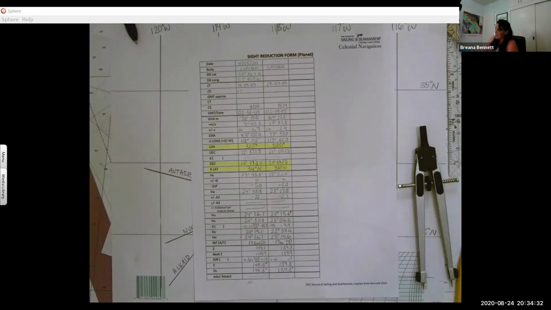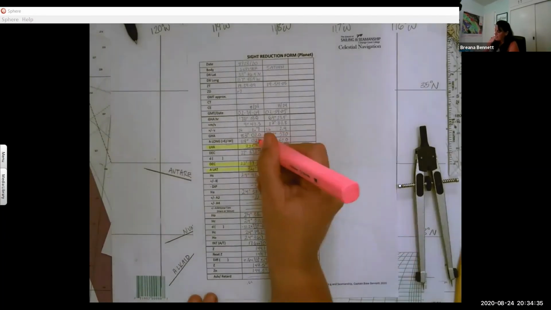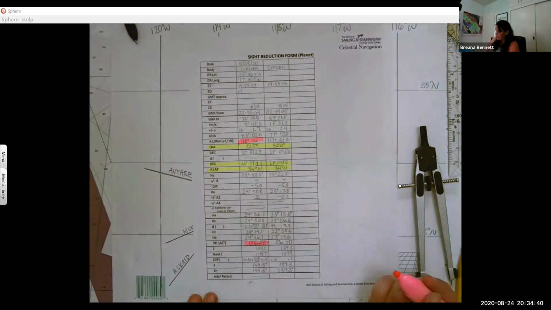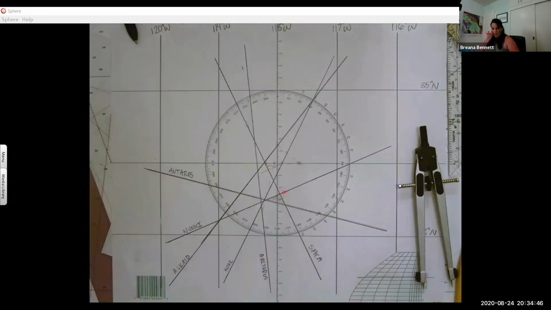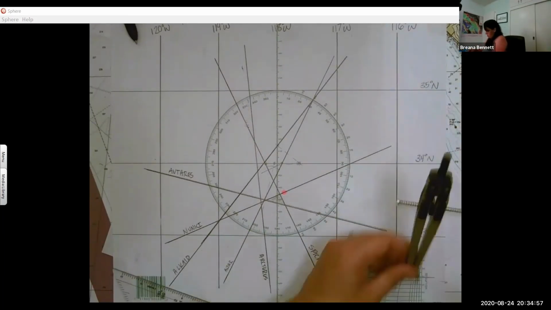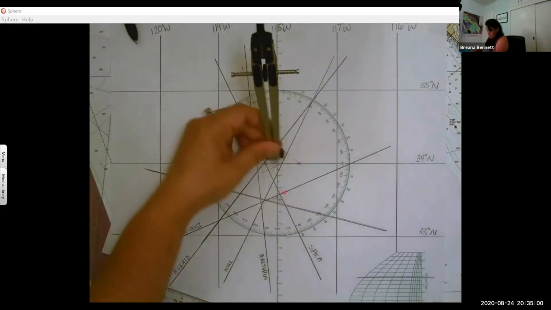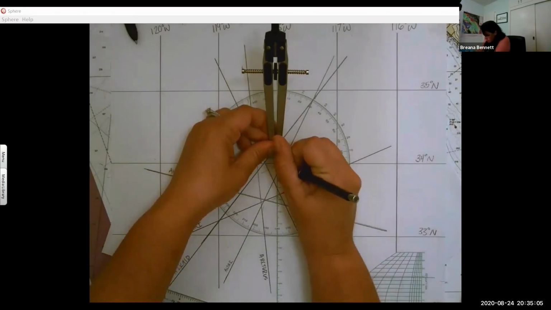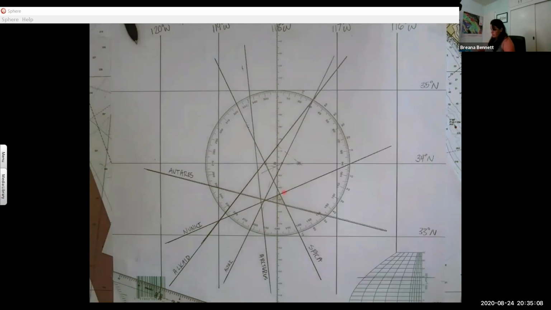Let's do our planets. So we have 1802, and then we have an intercept of 17 towards, and a ZN of 144. So our Jupiter and Saturn lines should be pretty close to each other because they were so close in the sky. But let's draw it out.